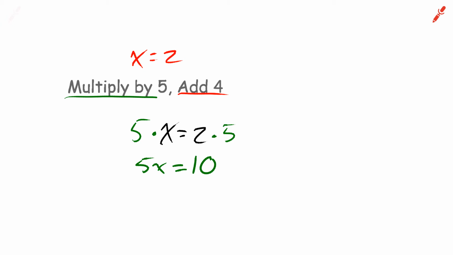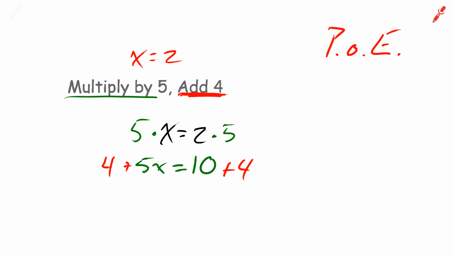Now my second step was add 4, so I add 4 to both sides. Guys, I want you to stop and take a look at this. Every time I am performing an operation, I'm doing it to both sides of the equation. The reason goes back to those properties of equality we were talking about yesterday. Unless I have a property telling me I'm allowed to do something, I never take that step in math.